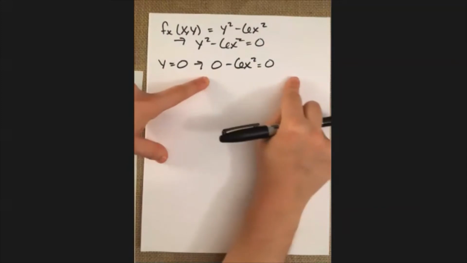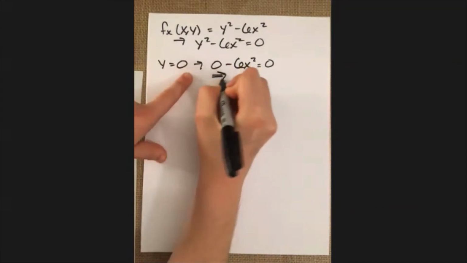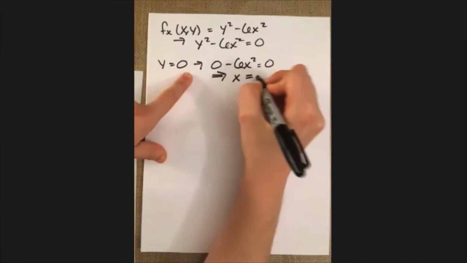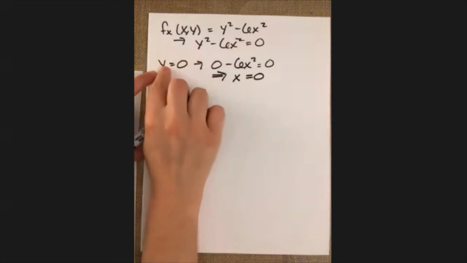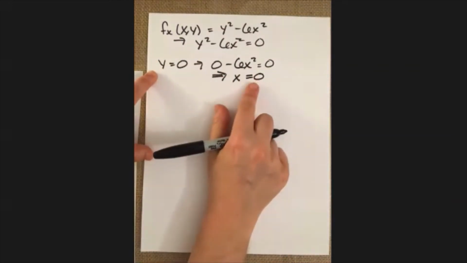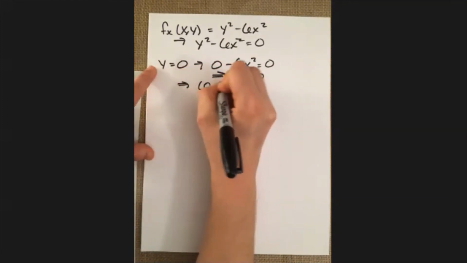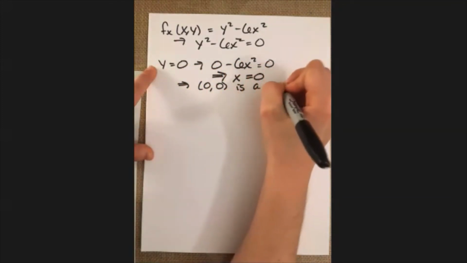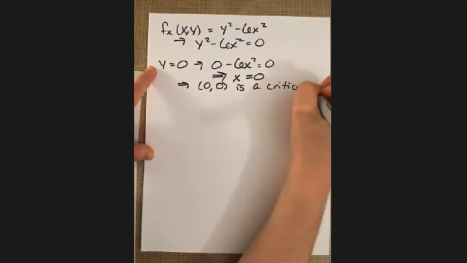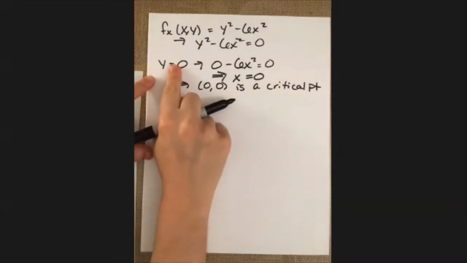Well, in order for this statement to be true, we're going to require that x be equal to 0. So y equals 0 actually goes more with x equal to 0 as opposed to x equal to 1. So (0, 0) is a critical point. All right, so that was for y equals 0.